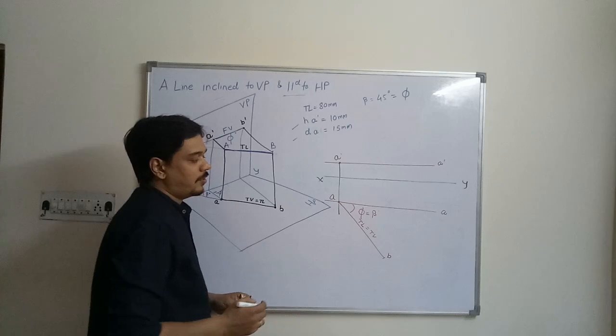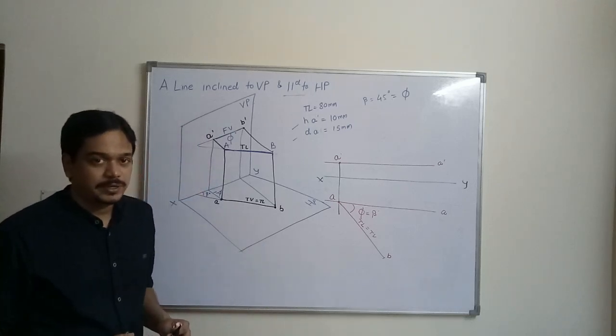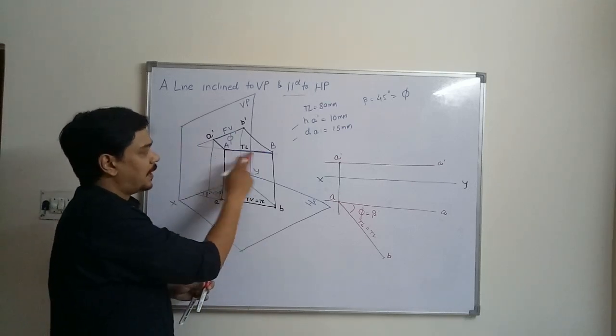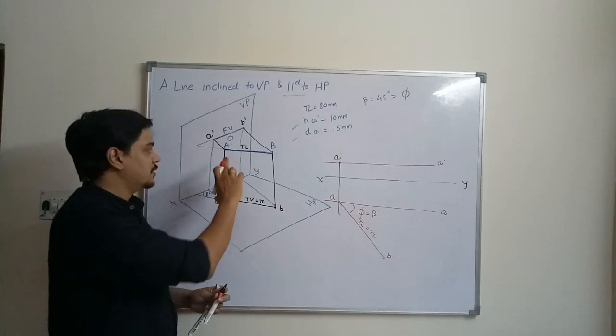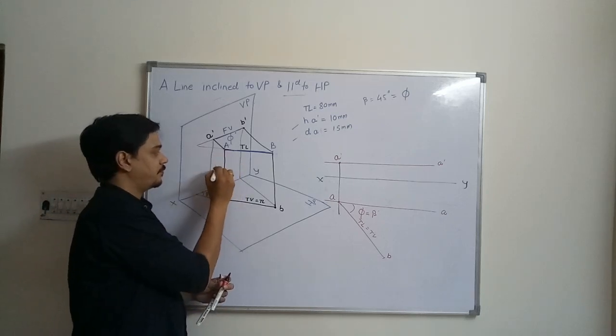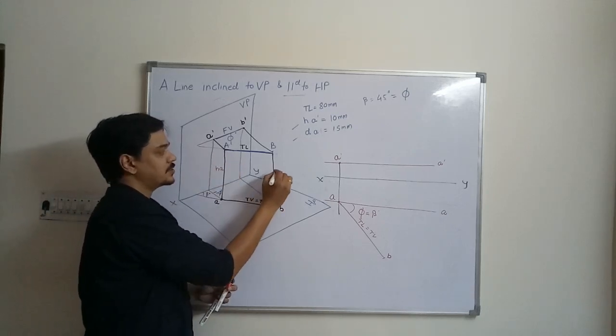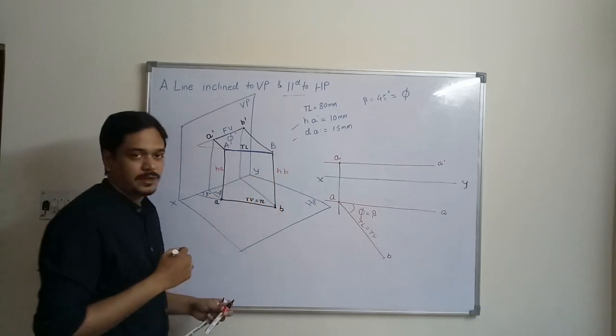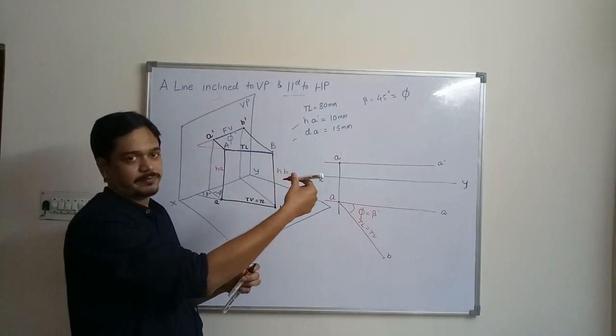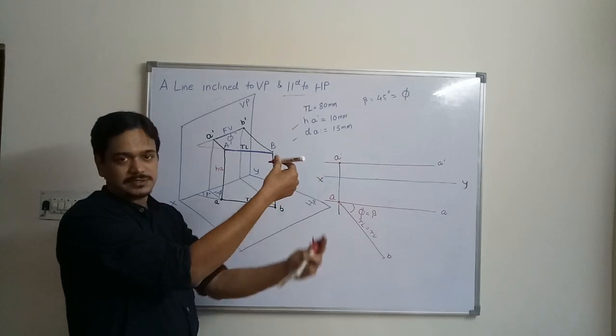Now you have to find out the point B dash. Again, this line is parallel to HP, meaning the height of A is equal to height of B, because it is parallel to HP. So this height will be same as this height.